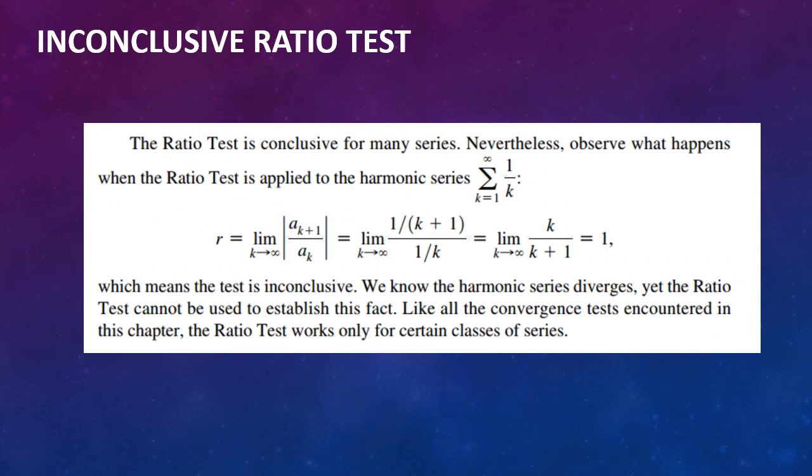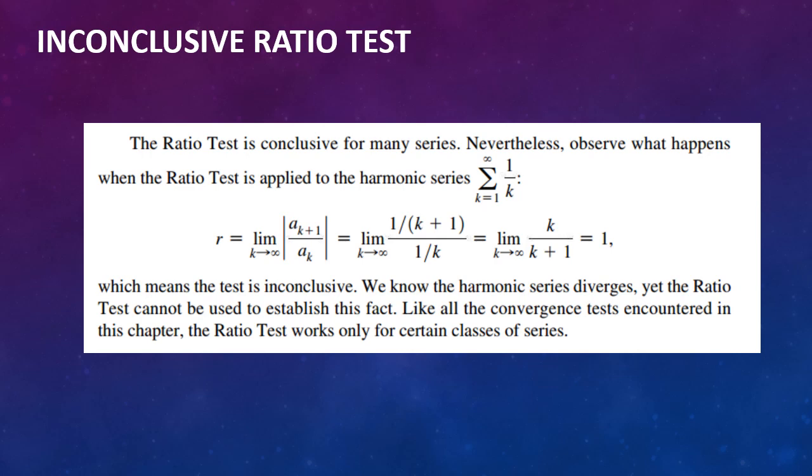As we've seen in the last example, the ratio test is conclusive for many series. Nevertheless, observe what happens when the test is applied to the harmonic series 1 over k. R equals the limit as k goes to infinity of a sub k plus 1 over a sub k, as we know from the ratio test.